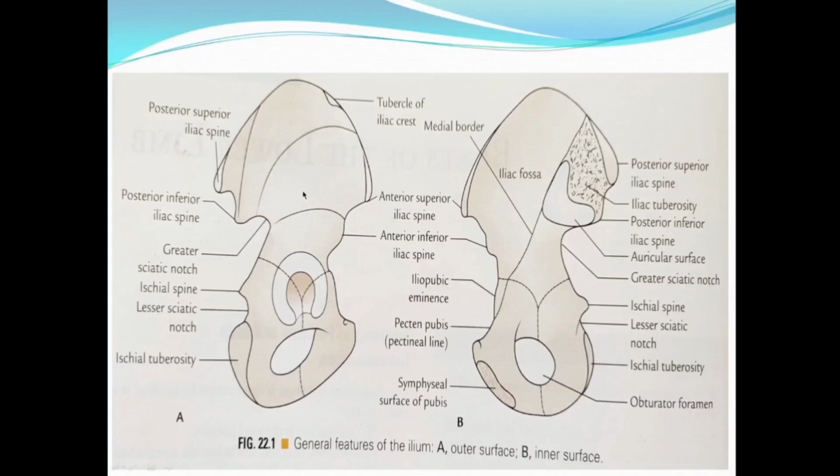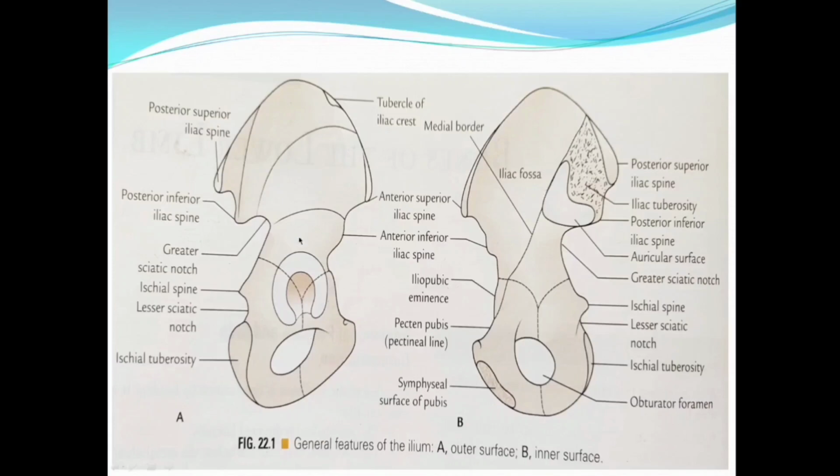The upper expanded part is called the ilium, and the lower expanded part consists of a foramen called the obturator foramen. The part anterior to this foramen is called the pubis, and the part posterior to the foramen is called the ischium. The intermediate constricted part consists of a cup shaped hollow which is called the acetabulum.